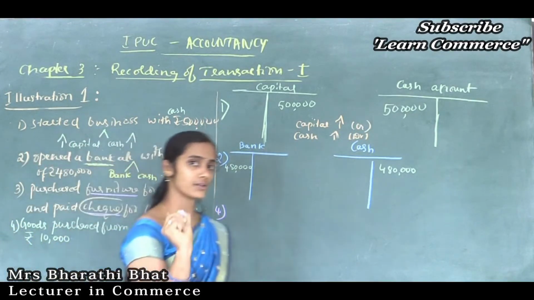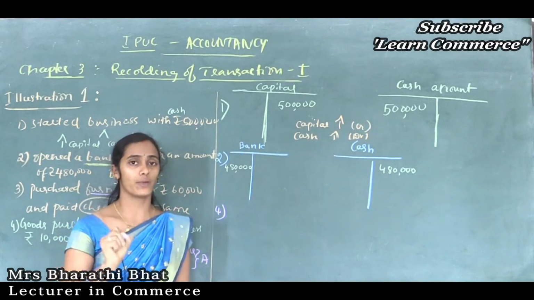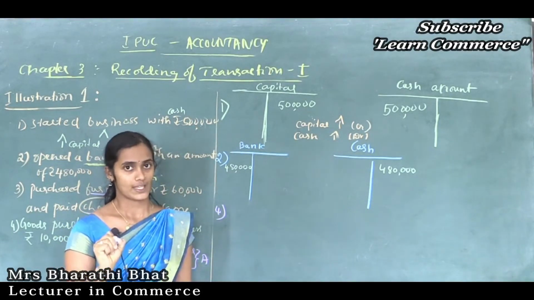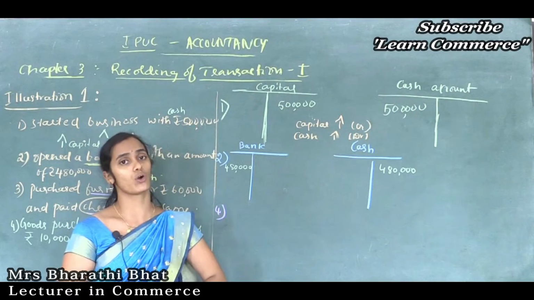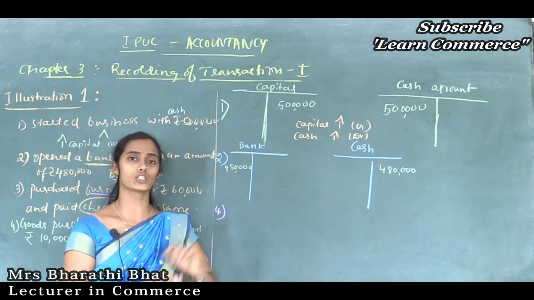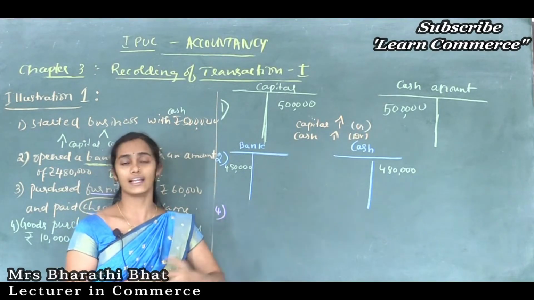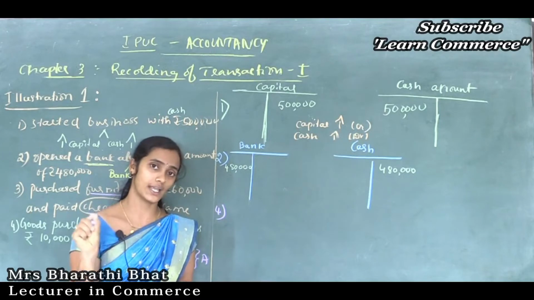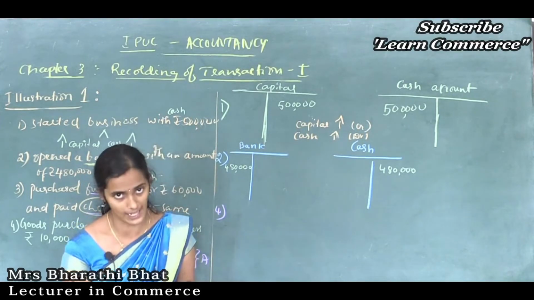Please note this point. In a transaction, when a person's name comes, say for example goods purchased from Ram, goods sold to Mr. Lakshman, goods purchased from Mr. X, goods sold to Mr. Y, like this, then we should consider that transaction a credit transaction.